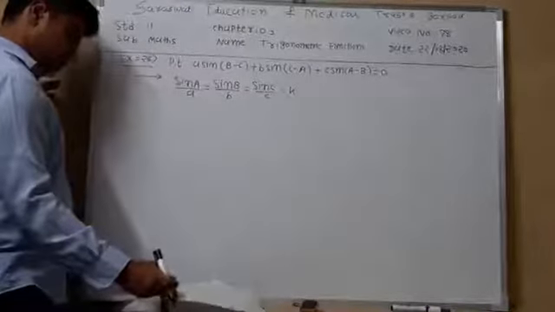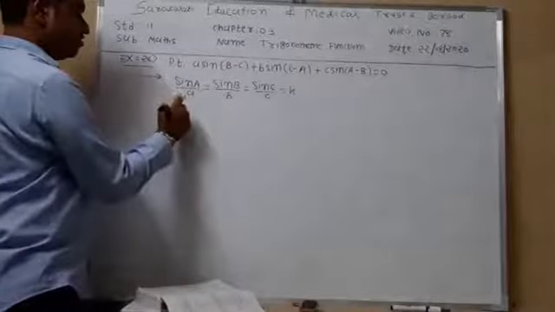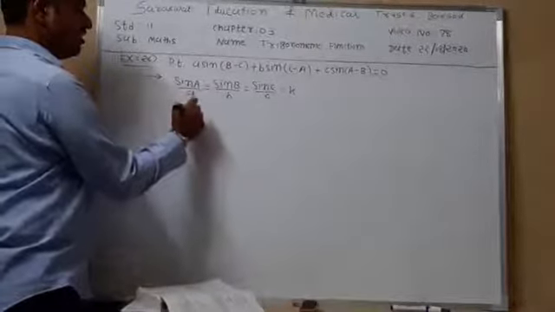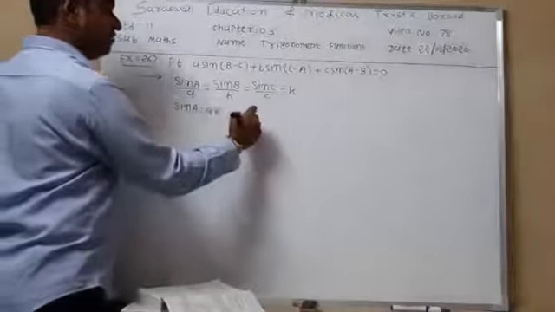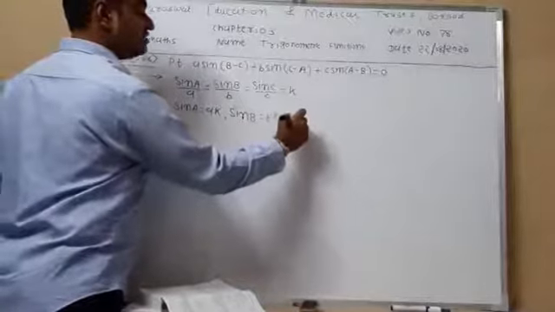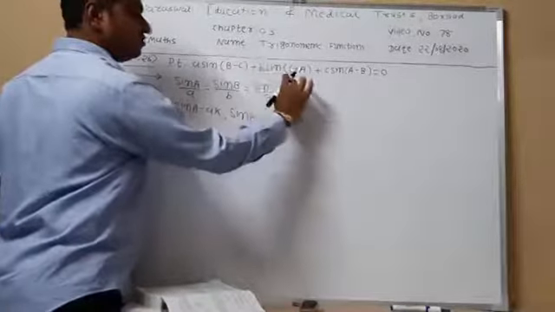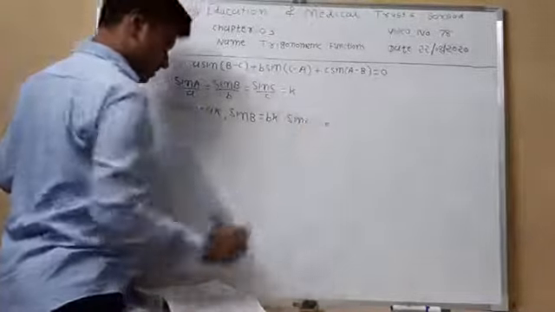Now sin a is equal to ak, sin b is equal to bk, and comparing with k, sin c is equal to ck.